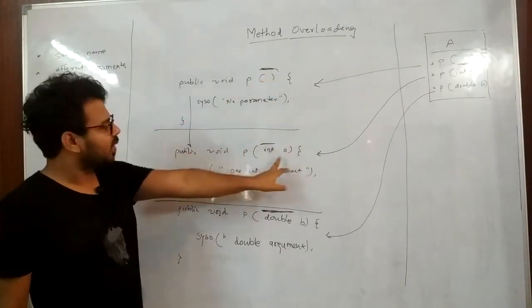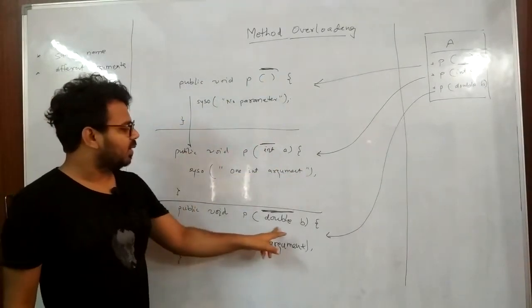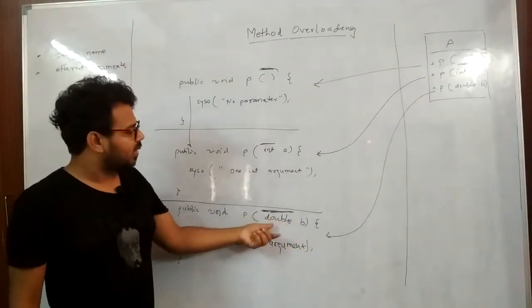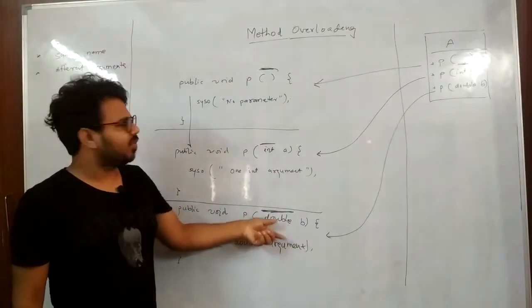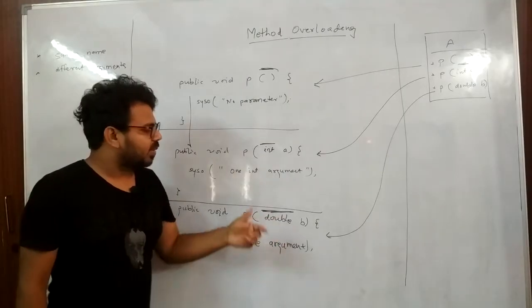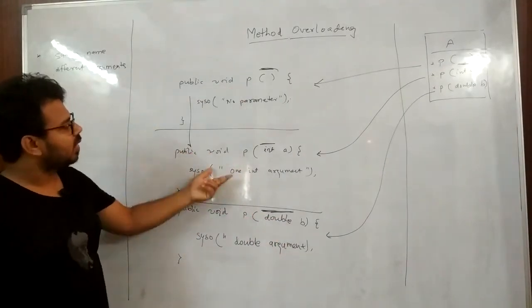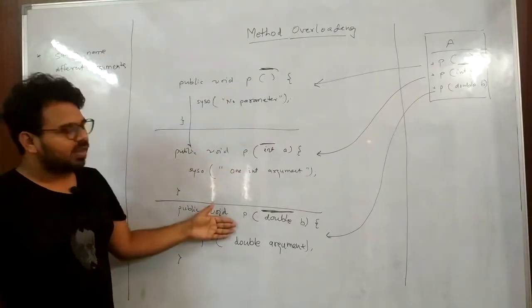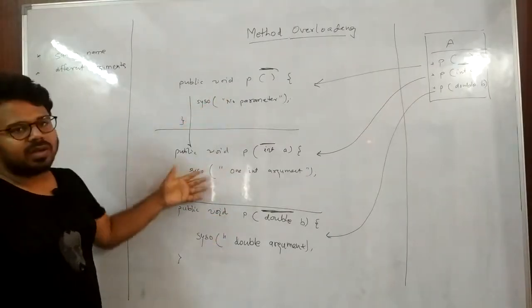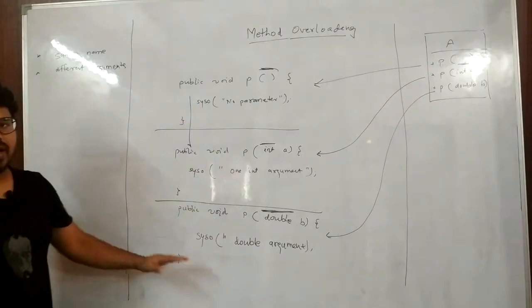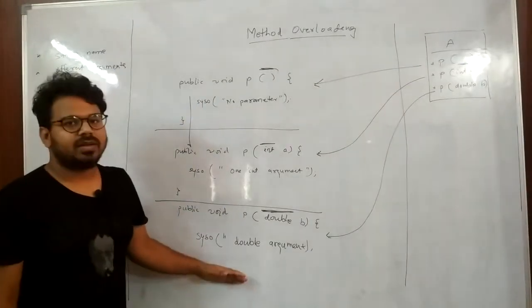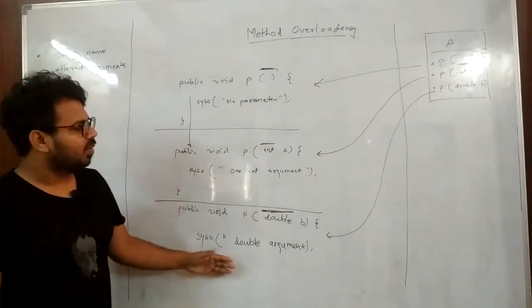Here no arguments, here a single argument, and here also a single argument, but the argument type is different: here it is int, here it is double. So we can say that this method P is overloaded here and this method P is also overloaded here. So these three are overloaded methods. I think now you don't have any confusion regarding method overloading.